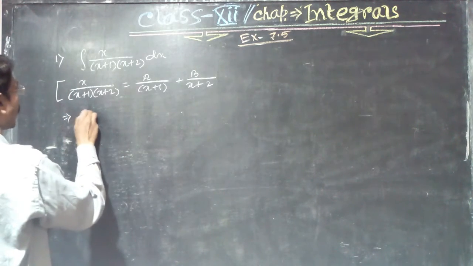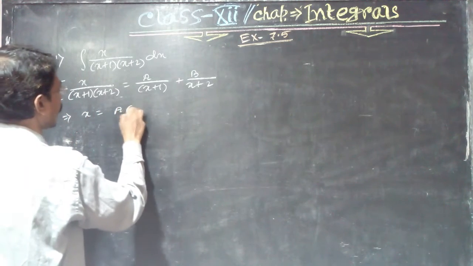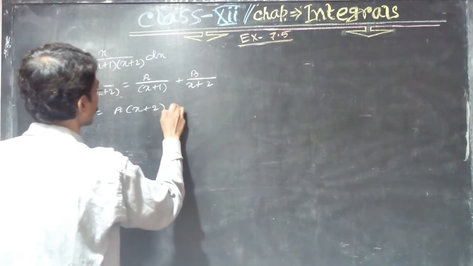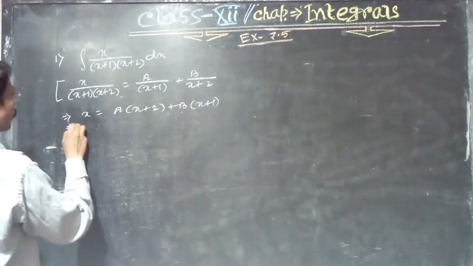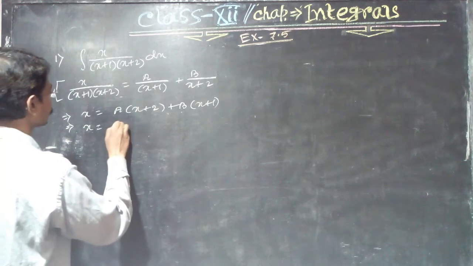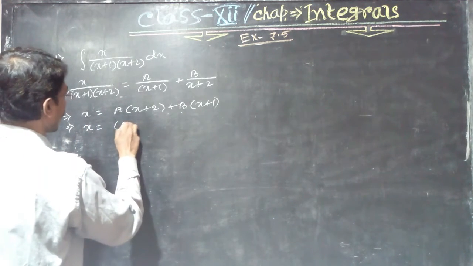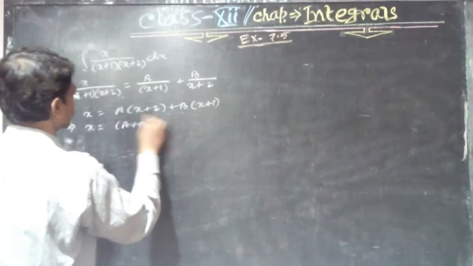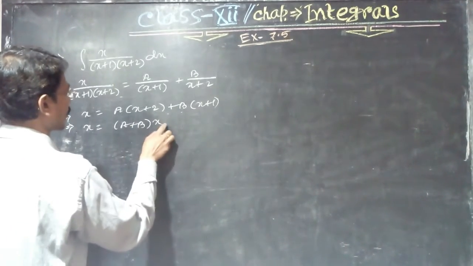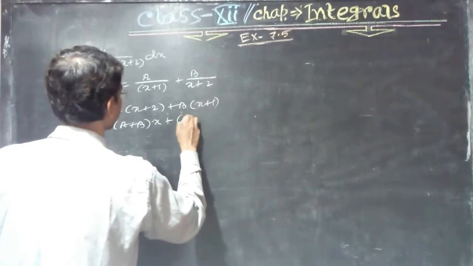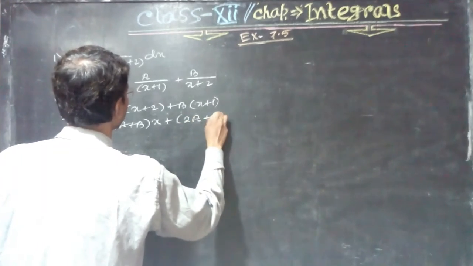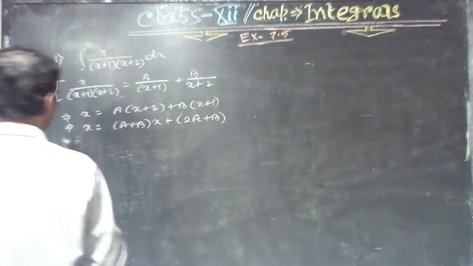So x equal to a into x plus 2 plus b into x plus 1. Therefore, x equal to ax plus bx, a plus b taking common x, plus 2a plus b.